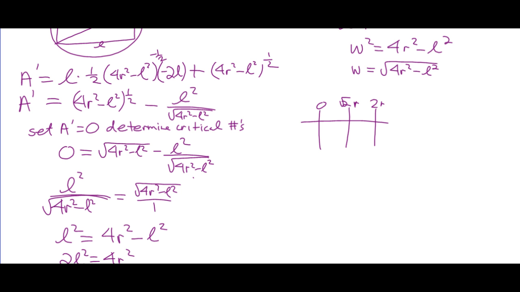So if we chose in this interval, because we can't really choose a number, I can't say, hey, let's put a 1 in there. We'll say root 2r. So let's say we choose r. So A prime at r will be the square root of 4r squared minus r squared, minus r squared over the square root of 4r squared minus r squared.